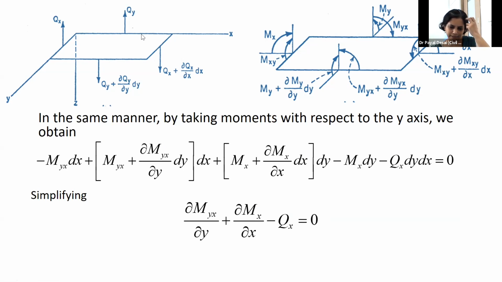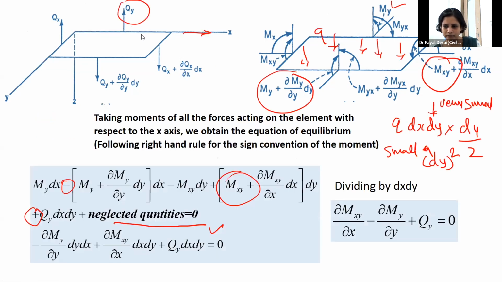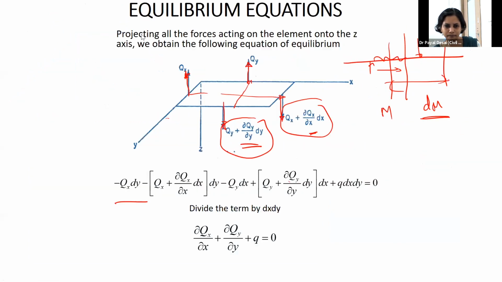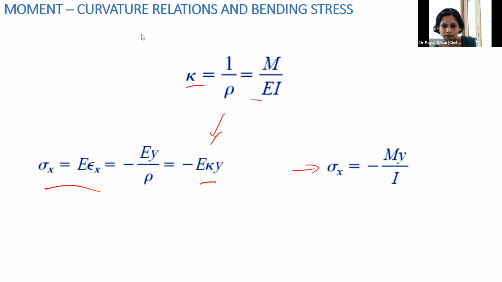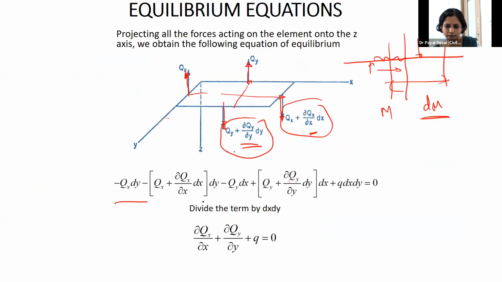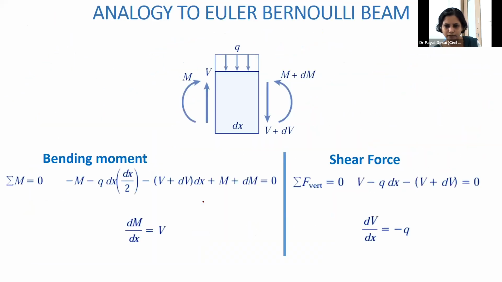Now from this second and third equation, we take out qx and qy, and then we substitute back into the first equation, and simplifying this we get this equation.